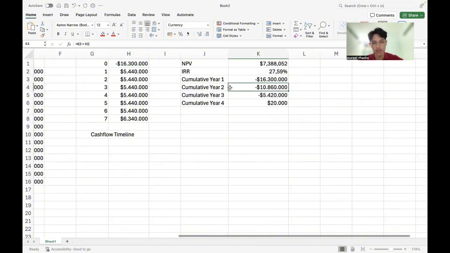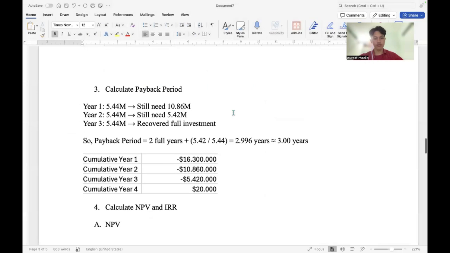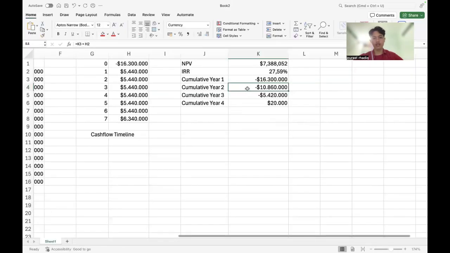So in the second year, they still need 10 million to get to 0, right? So in the second year, they got another 5.4 mil. And then in the third year, they only need 5,420,000, right?